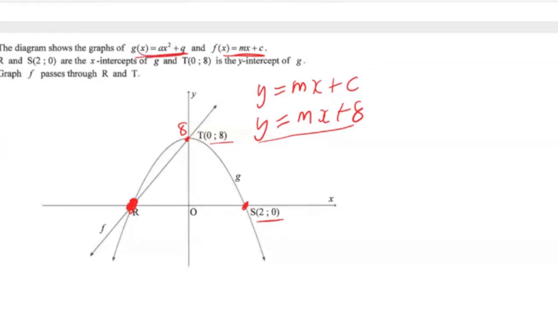Even your quadratic form is y is equal to ax squared, and your q is just equal to 8. That's the only information that we have here, and we are stuck, because I don't even know what was asked. I'm trying to find the equation. How do I find this equation? I can only use here.